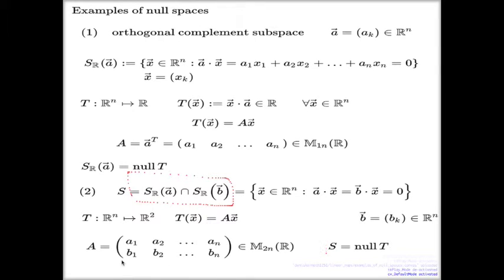Because the null space is when your vector is sent to 0. If you multiply this matrix by the n-tuple x and equate it to 0, it will be two equations. One of them will be this equation, and the second one will be this equation.